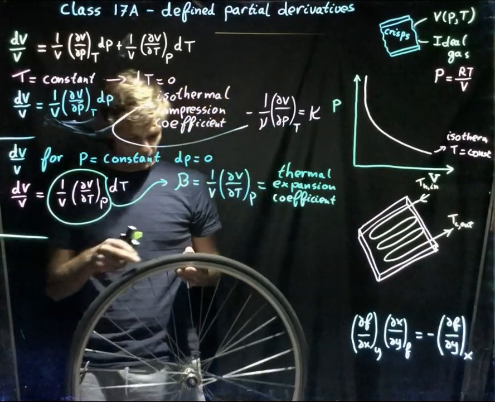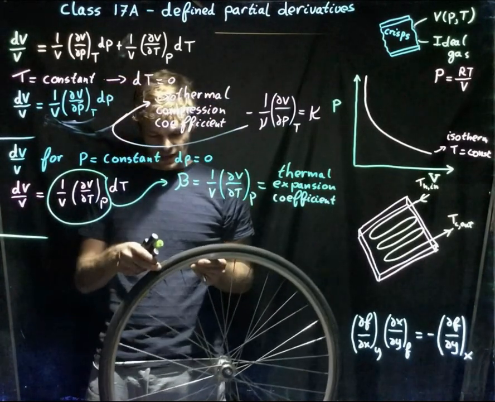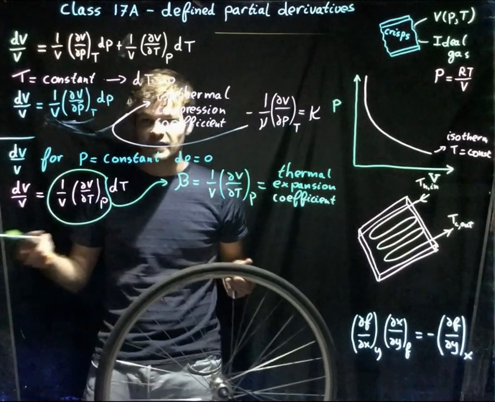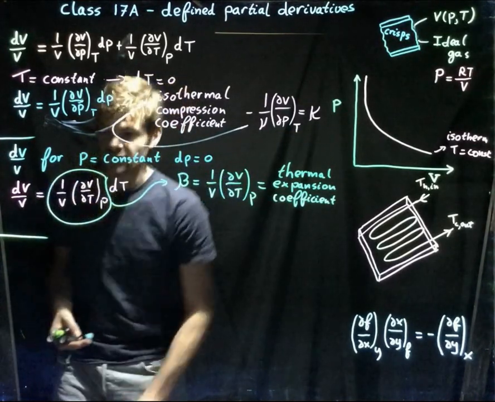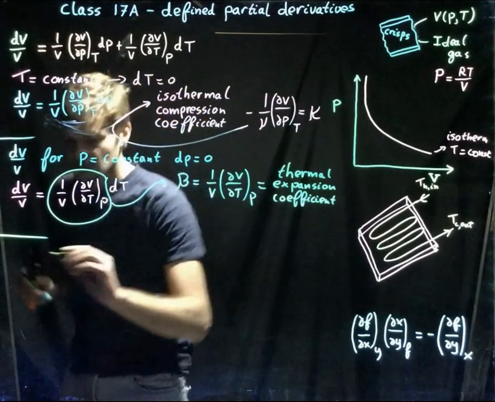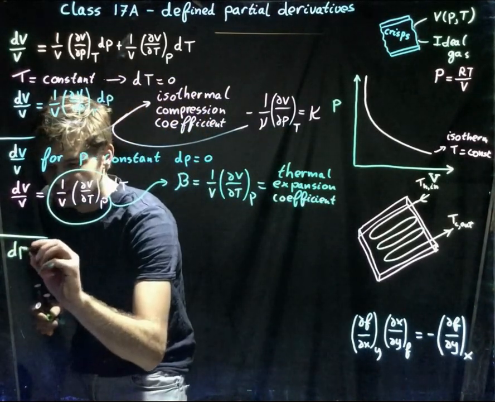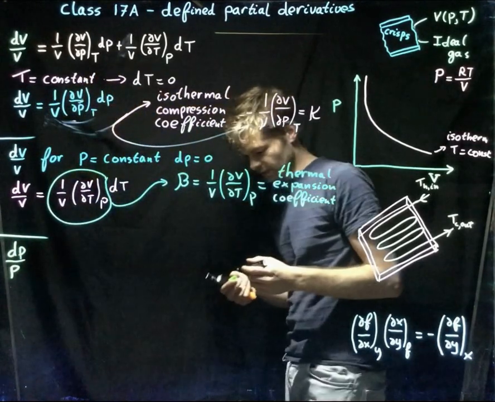When you go, for instance, from 4 bars to 8 bars, the volume won't change anymore, but the pressure will. And for that, I'm very interested in this derivative, dP, the difference in pressure with respect to its original pressure.